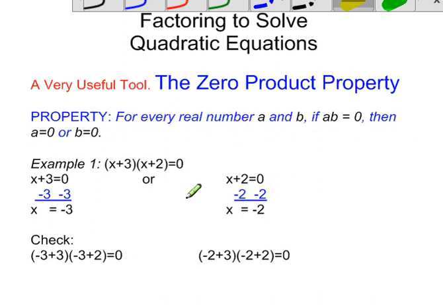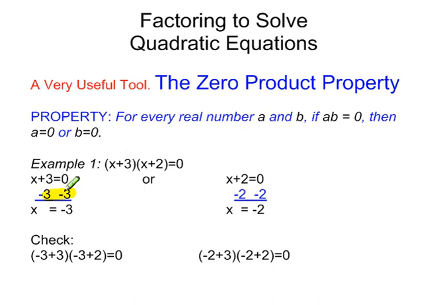The way that I do that, I separate them, I rewrite them, or I set them up, and then I solve. Here we solved by subtracting 3 from both sides. We ended up with x equals negative 3, or subtract 2 from both sides here to solve.